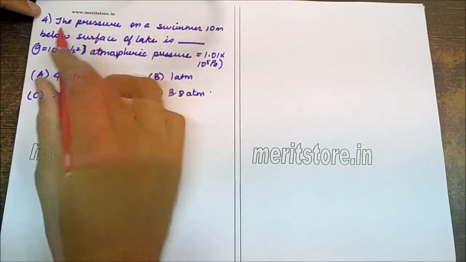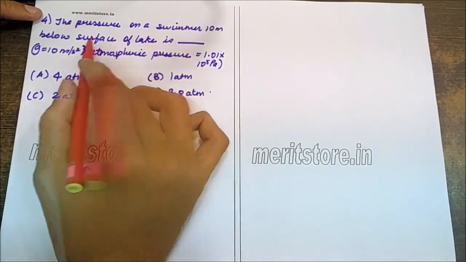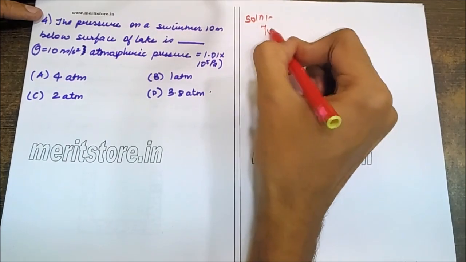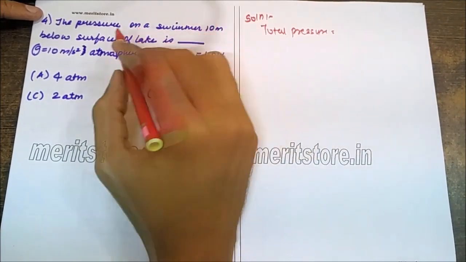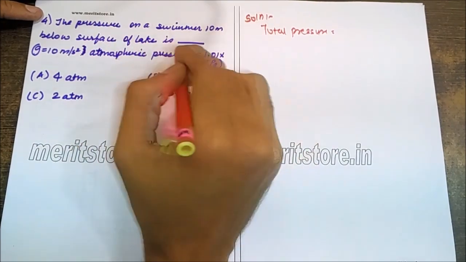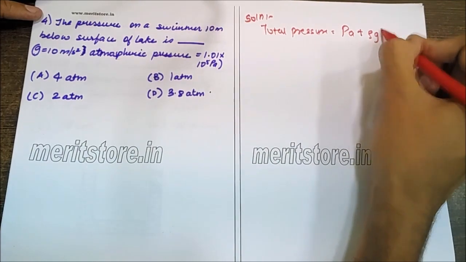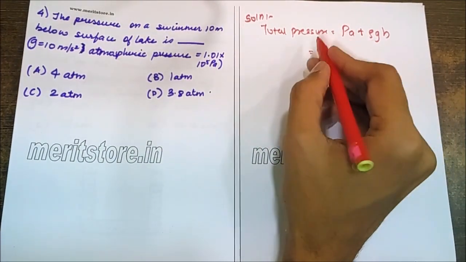The pressure on a swimmer 10 meters below the surface of the lake is, we have to find, atmospheric pressure is given. If the swimmer is swimming below the surface of the lake, the total pressure will be the atmospheric pressure plus rho gh, where rho is the density of the water.